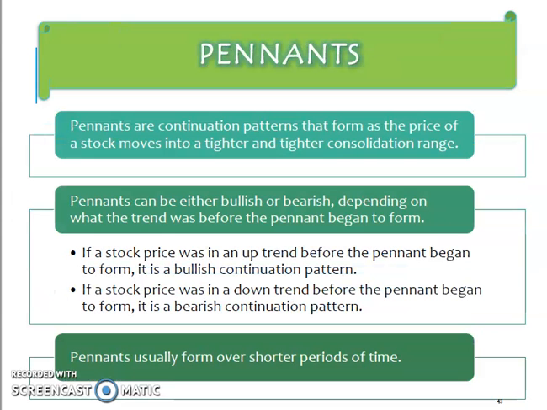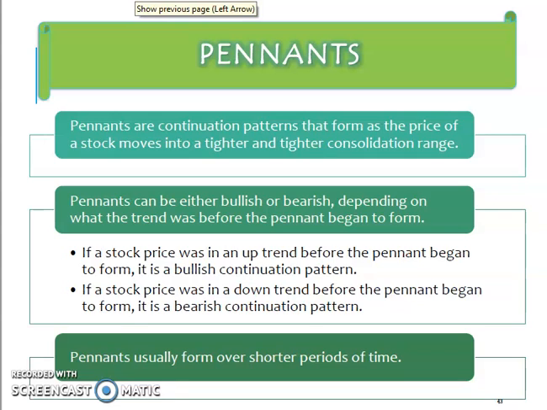Okay, so what is a pennant? A pennant is a continuation pattern that forms as the price of a stock moves into a tighter consolidation range. A pennant can be either bullish or bearish, depending on the existing trend before the pennant began to form.